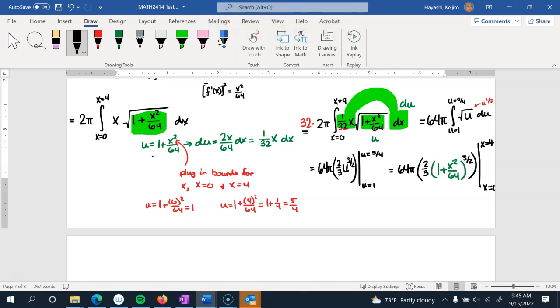You're going to be plugging in 4 into there anyway. So you're either plugging in 0 and 4 into the substitution early on, or you're going to be doing it at the very end, but you're going to be doing it either way. Was that what you were asking about, or were you asking about that mistake I made with the 1? Oh, she was asking about 1. Oh, okay.